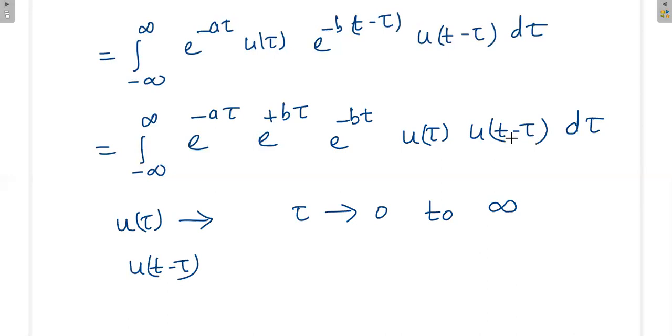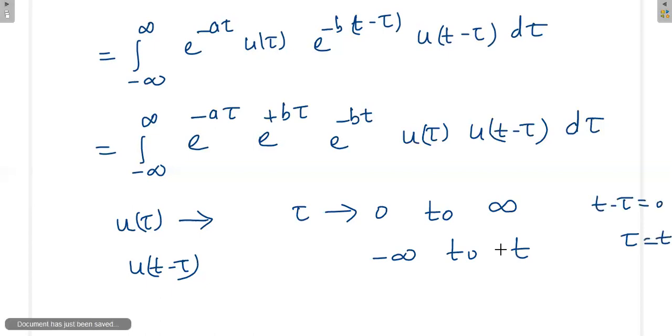Imagine it as a number like 2 or 3. Tau is in the negative direction, so this goes from minus infinity to t, because tau minus t equal to 0 gives tau equal to t. This is the range of u of t minus tau. Since both are multiplied, the common range between these two is 0 to t.